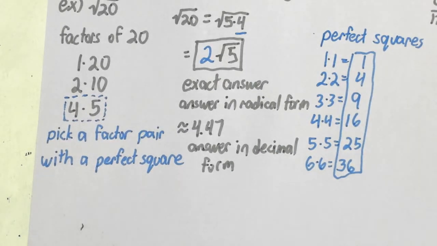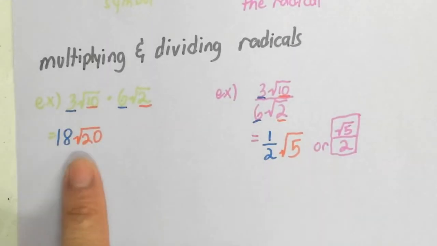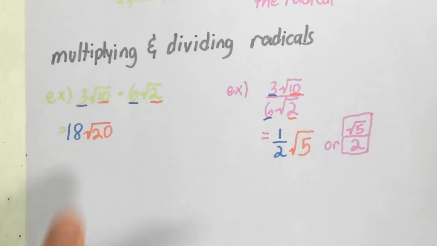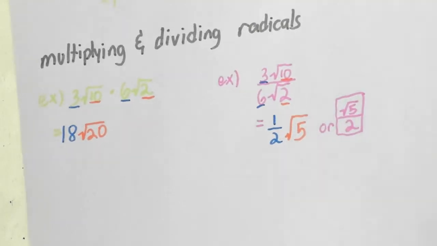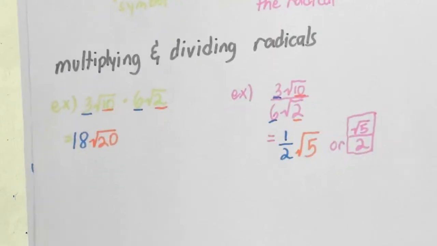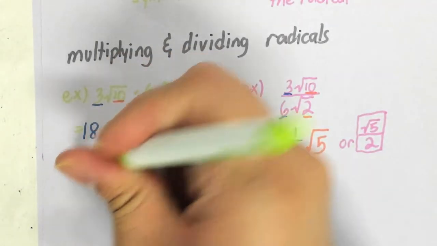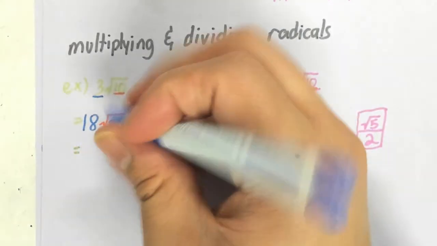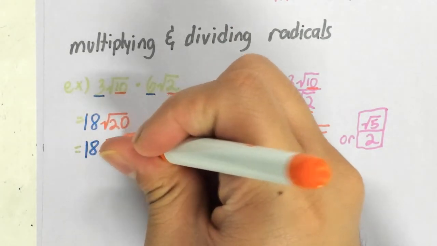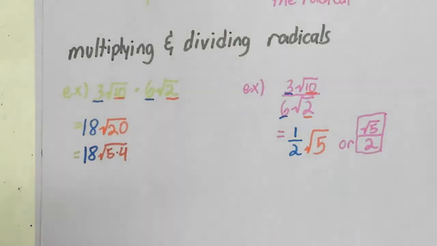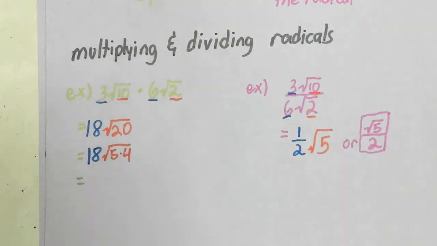Alright, let's revisit our earlier question over here. 18 square root of 20. So we said that square root of 20 can be broken down and factored out. Square root of 20 is square root of 5 times 4.